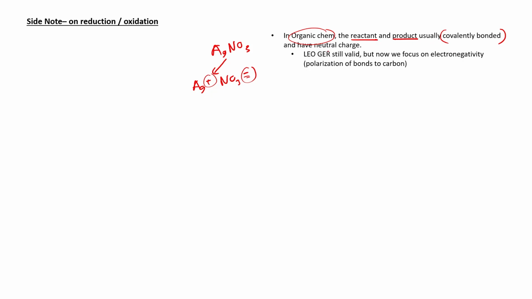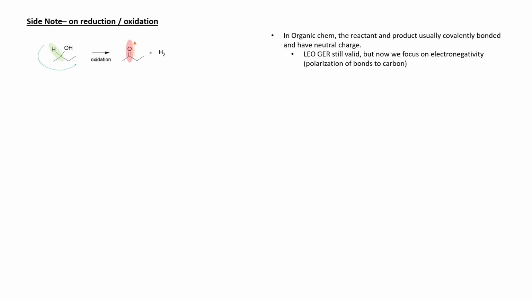But the concept of reduction and oxidation is still valid, but now we focus on electronegativity. Let me remove the color first, this is too much. Look here. For example, let's say you have this alcohol and you do oxidation.